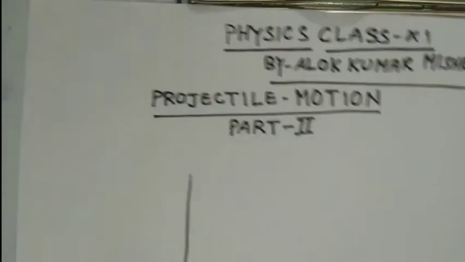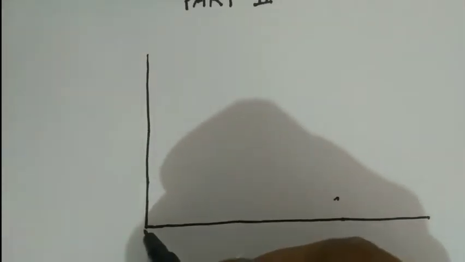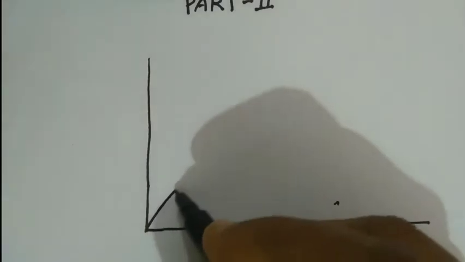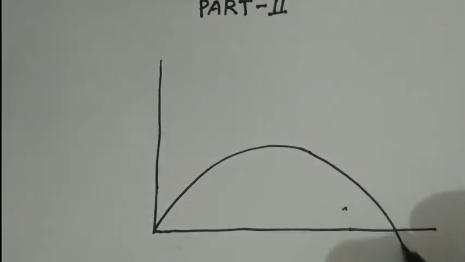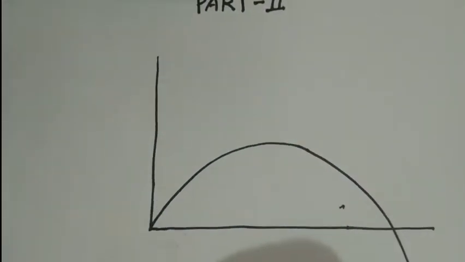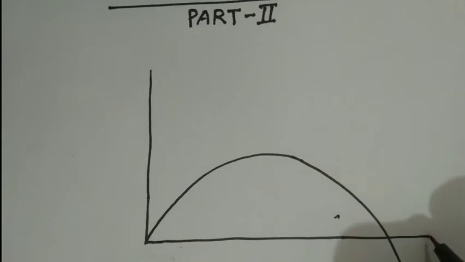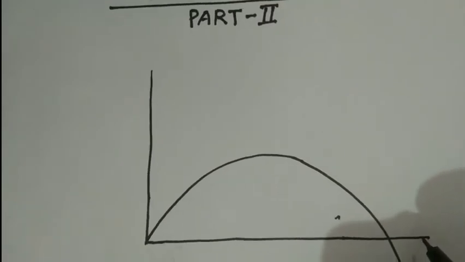Okay, so first of all we need to know what a projectile is again. Projectile motion is two-dimensional motion which is the resultant of horizontal motion and vertical motion.